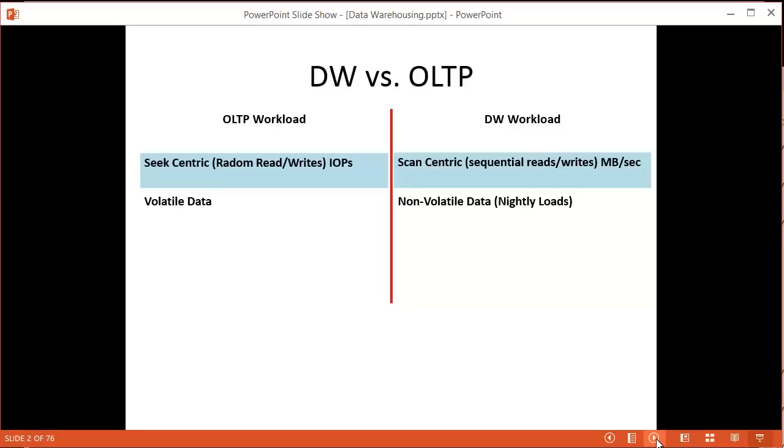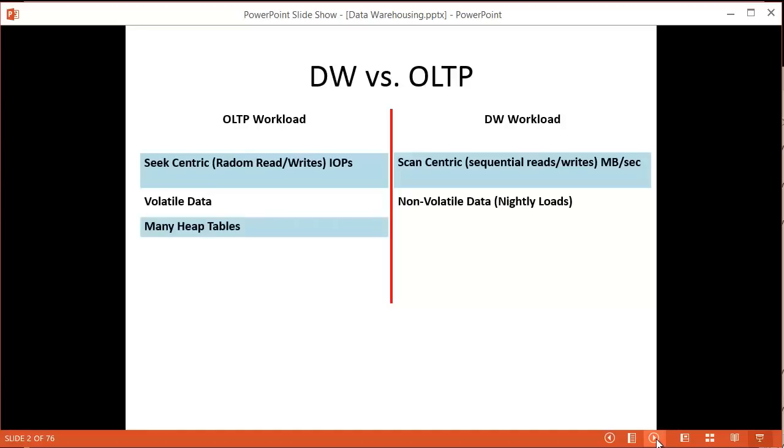Once that data is loaded, transformed, and in the final data warehouse tables to be used for our analytical queries, it usually is not updated after that point until the next nightly load process. There are exceptions to this, and I will address those. Things like near real-time data warehousing kind of violate this distinction, but I will address that in later episodes.